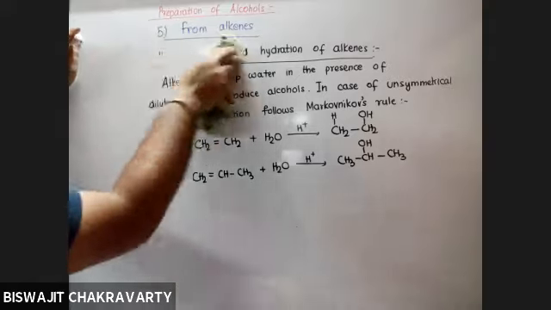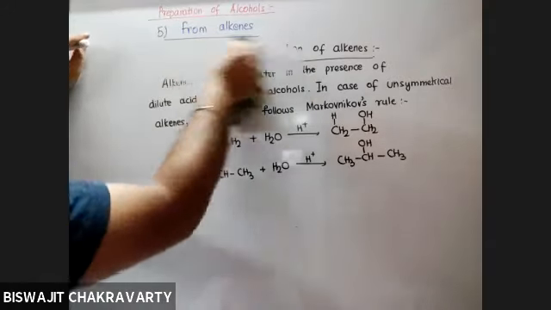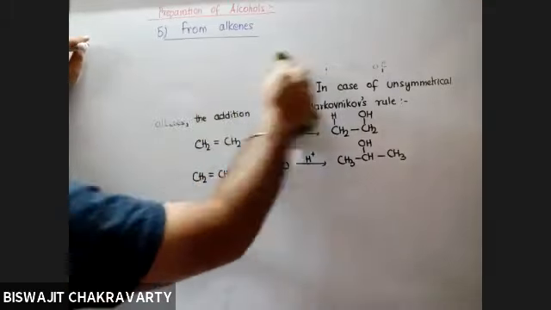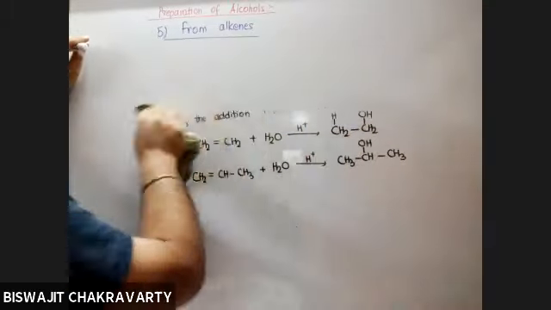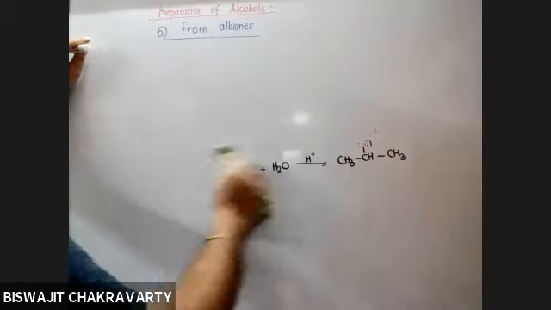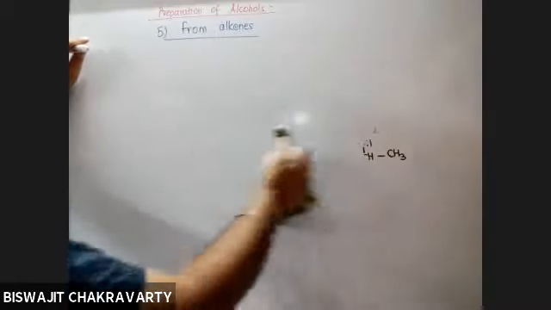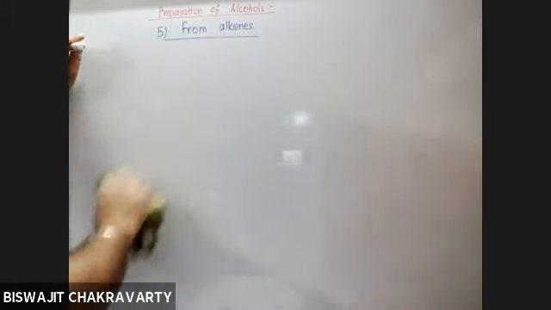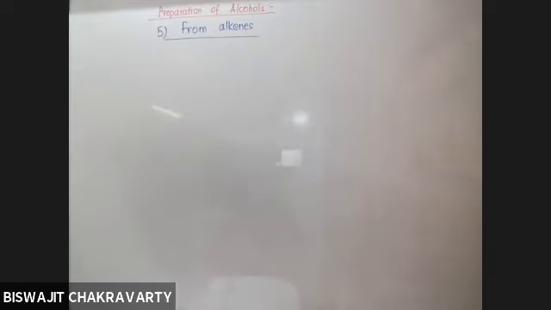Now, under the same topic, that is from alkenes only, if you want to produce anti-Markovnikov's product, just as in case of haloalkanes, we had the possibility of producing both. By peroxide effect, we were following the anti-Markovnikov, and simply by adding HBr, we are getting Markovnikov's product.